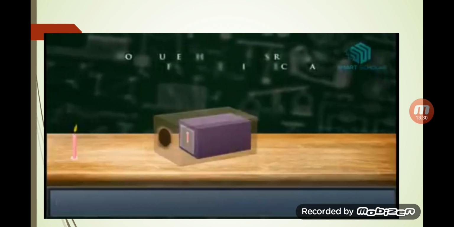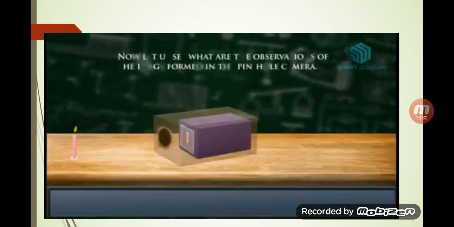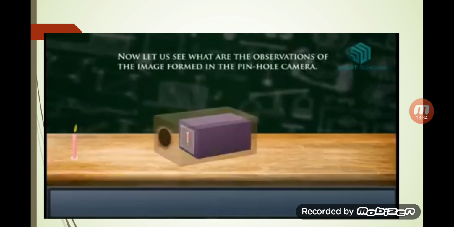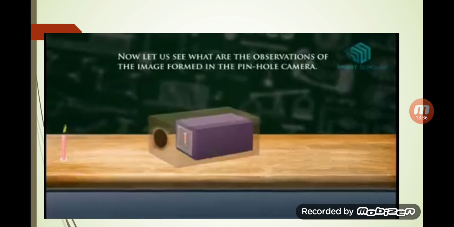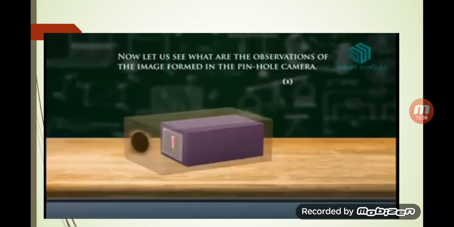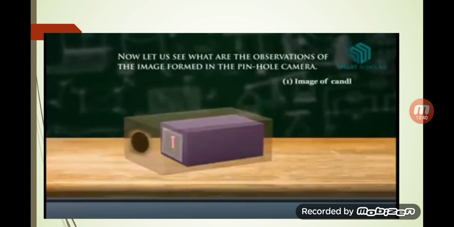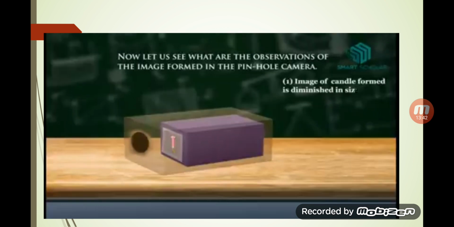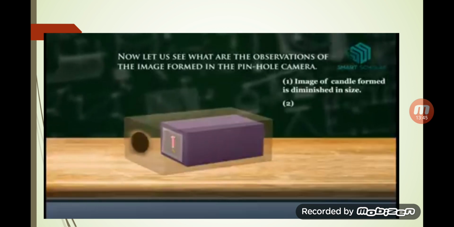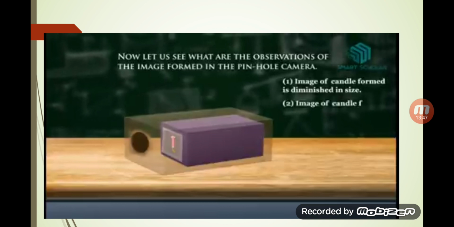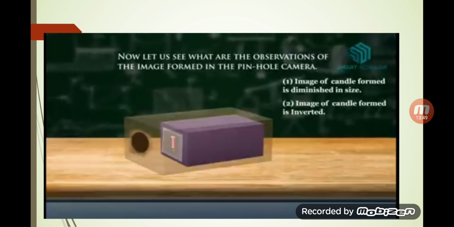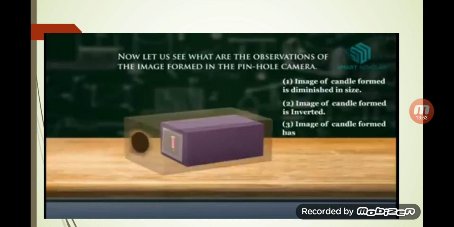Now, let us see the observations of the image formed in the pinhole camera. Number 1. Image of the candle formed is diminished in size. Number 2. Image of the candle formed is inverted. Number 3. Image of the candle formed has color.